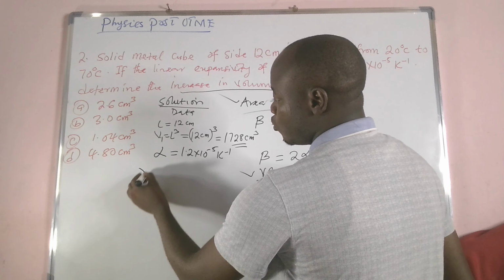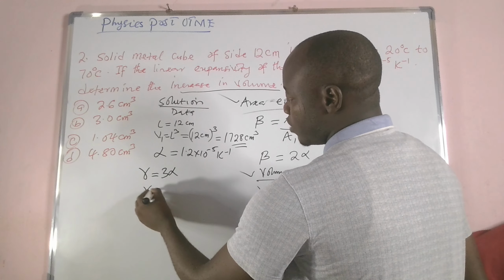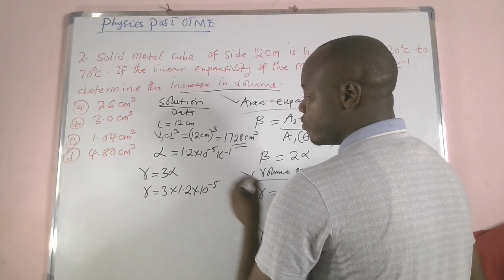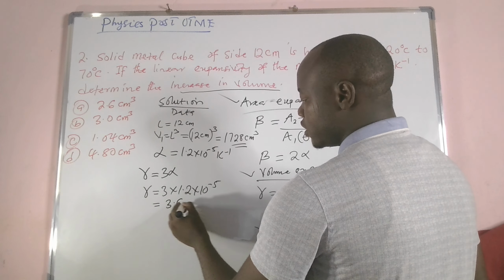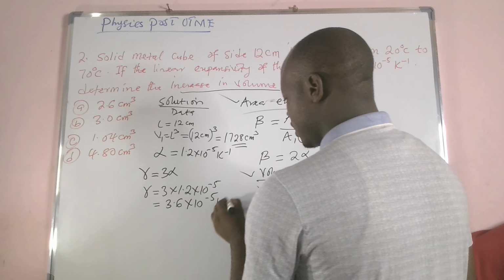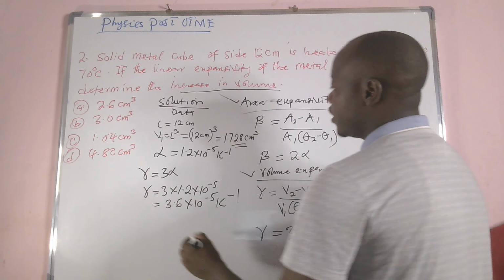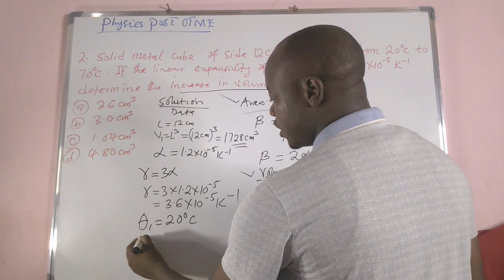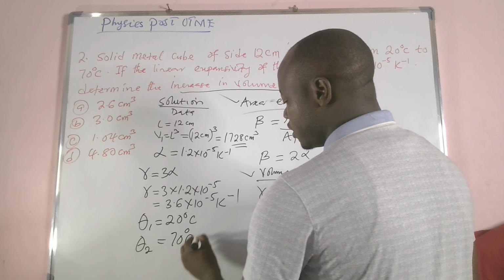And remember, cubic, which is gamma, is equal to 3 times alpha. So gamma now is equal to 3 times 1.2 times 10 raised to the power of minus 5. When you multiply this by 3, we have 3.6 times 10 raised to the power of minus 5 per Kelvin. Then the next one is theta 1 is equal to 20 degrees centigrade, and theta 2 is equal to 70 degrees centigrade.